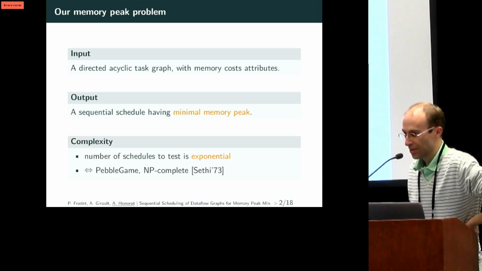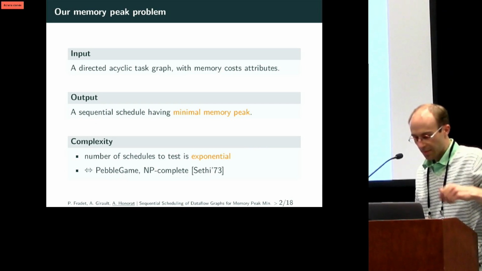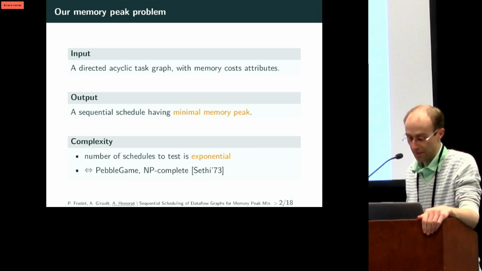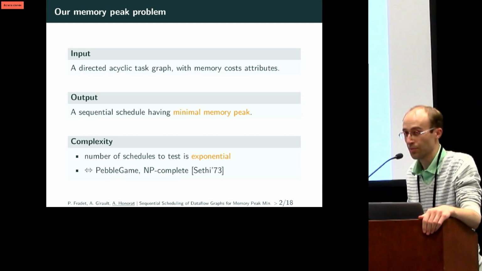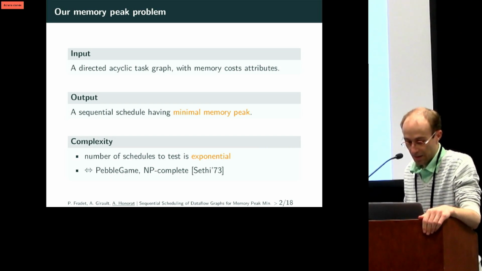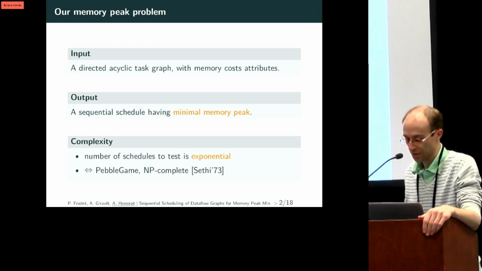But this problem is quite difficult to solve. If you want to solve it naively, you have to test all the schedules, and their number is exponential. It's actually NP-complete, and it's a variation of the Pebble game for register allocation.